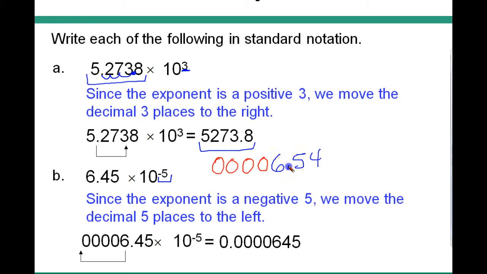So now when I move it 5 places, 1, 2, 3, 4, 5, there is my number. And I usually add a 0 to fix the decimal place. And that's basically the rule.